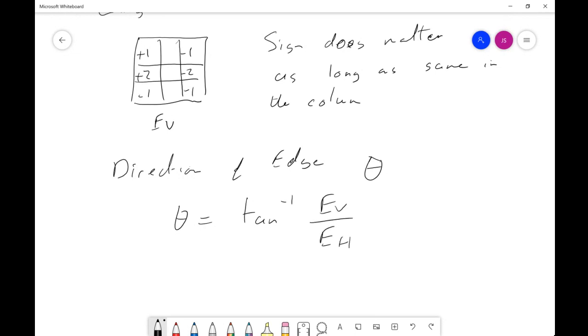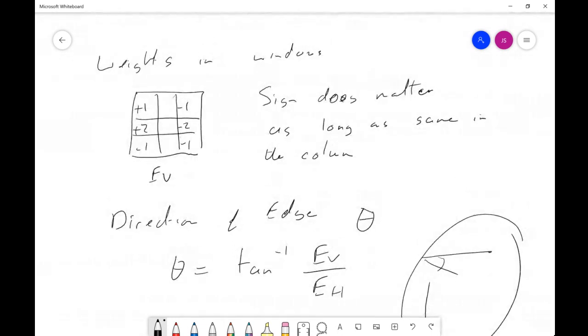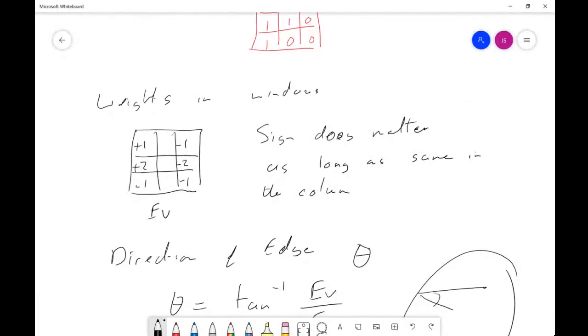And depending on whether the sign is positive or negative, this will determine what the zero angle is. In one case, the zero angle will be there, or the angle from that point. In the other case, it will be an angle from that point. And you can calibrate the edge detector depending on what you've chosen. So it still works even if the polarity is reversed. That applies to the Sobel, the Prewitt, and the Roberts, which is the early one.